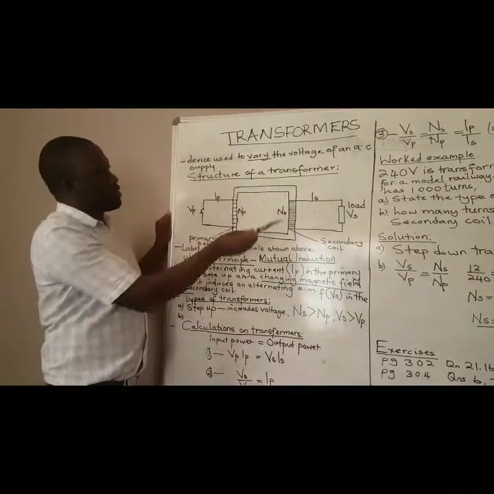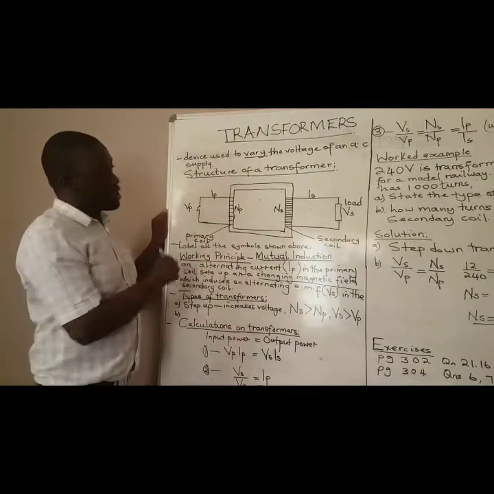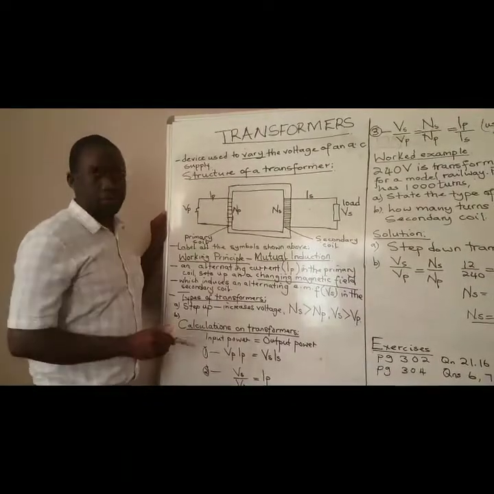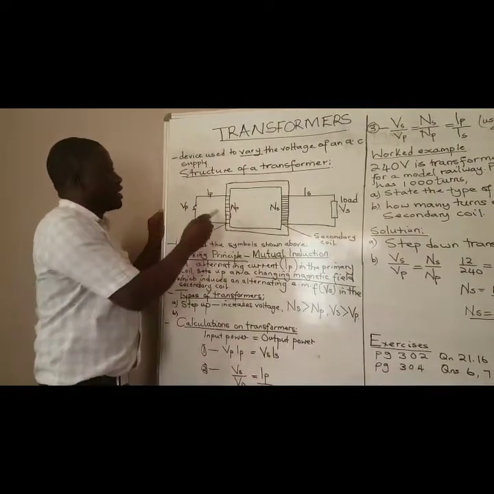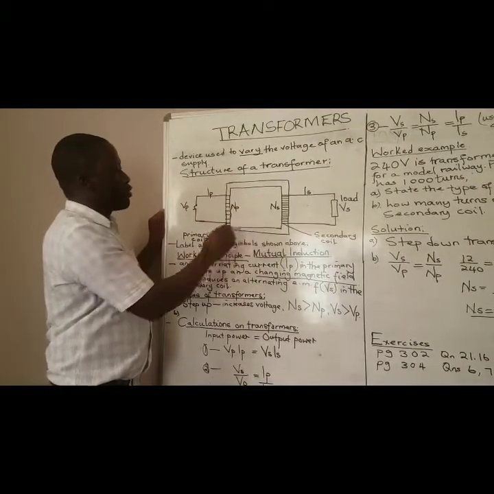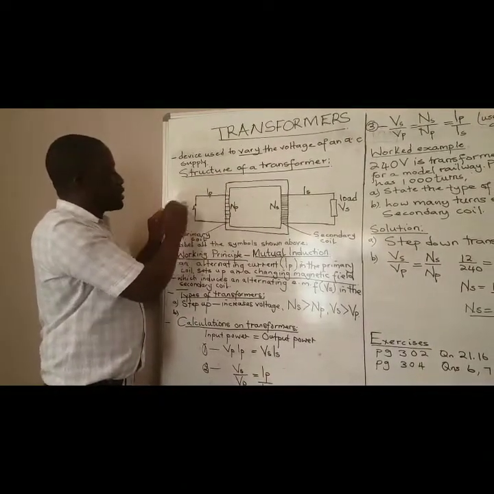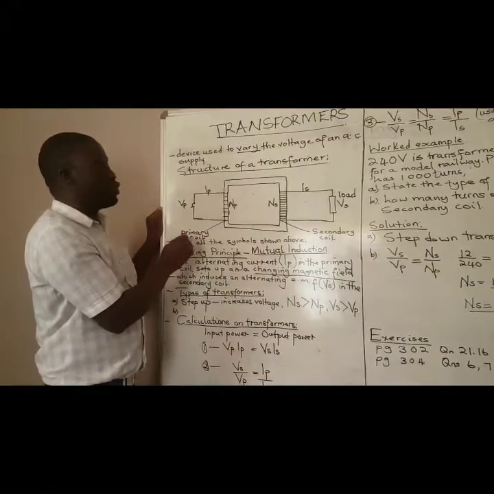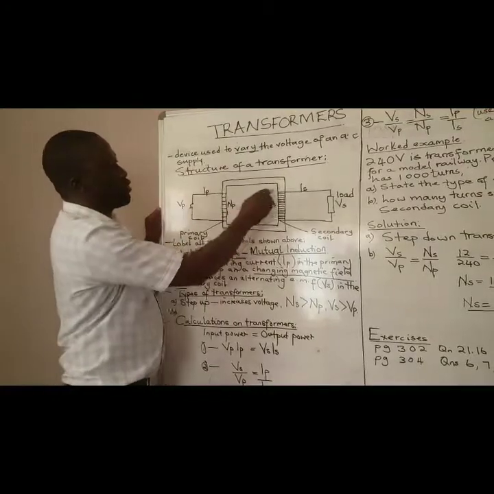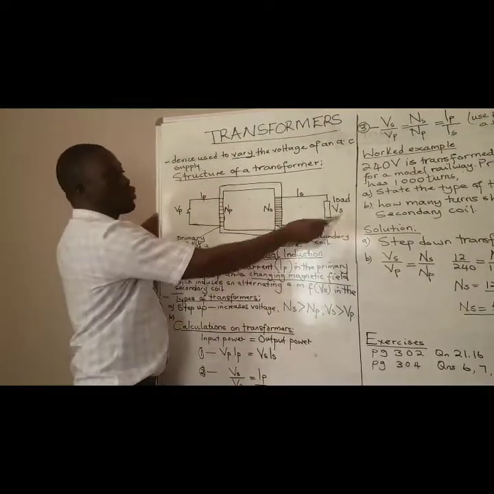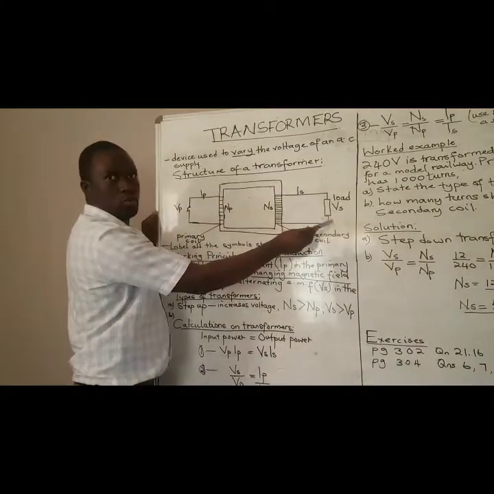Let's look at the structure of a transformer. If we break a transformer and look at it inside, we've got this representation. We've got a soft iron core, and we have got a coil which you call the primary coil this side, which is to your left side. Then to your right side we have got the secondary coil, and this is where you connect your gadget that you are using.